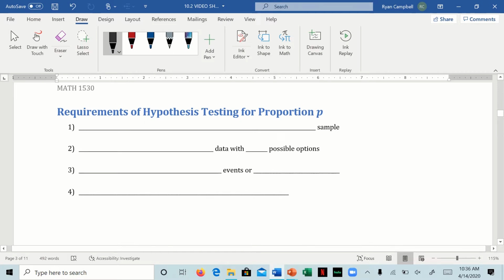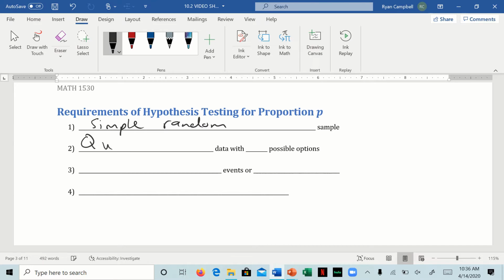Requirements. So there are 4 requirements to be able to do population proportion hypothesis testing. First, it has to be a simple random sample. Second, we need qualitative data with 2 possible outcomes. Number 3, it has to be independent, so our sample has to work, right? Our sample size has to be less than or equal to 5% of the population.